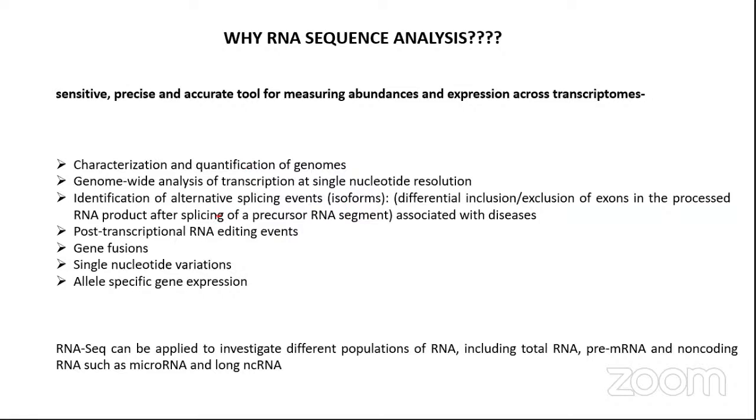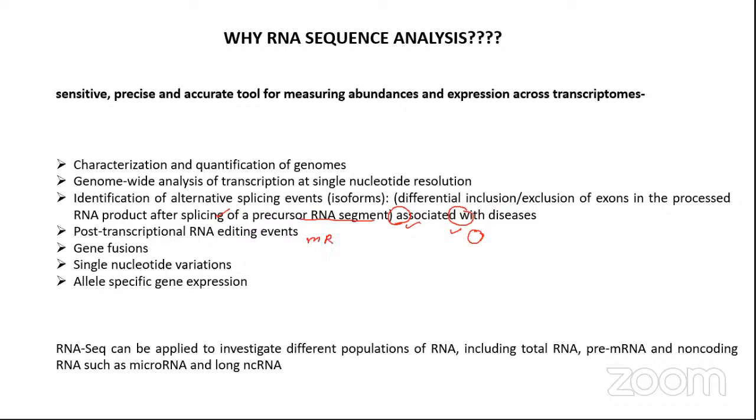So, post-transcriptional RNA editing events. What does this mean? Suppose my DNA is normal, but I see that my protein is not normal. So where do I have to look? My genome is normal, I cannot do anything. There are post-transcriptional modification and post-translational modification. These are the two important steps where variations might also come.